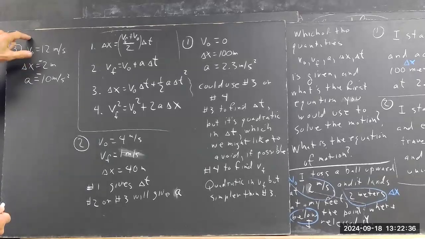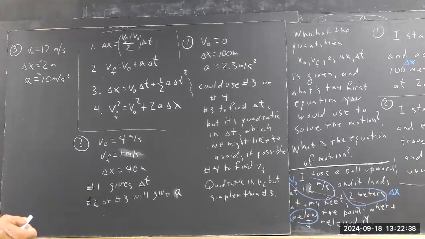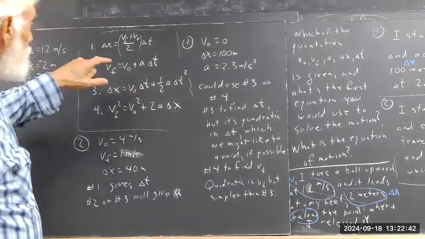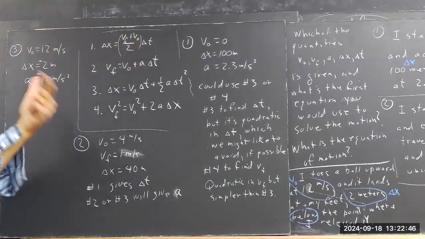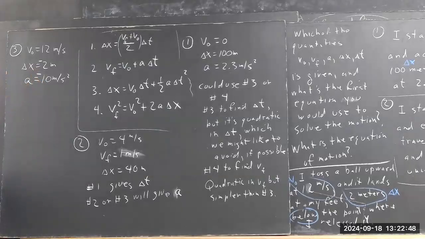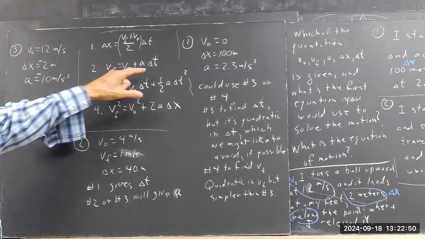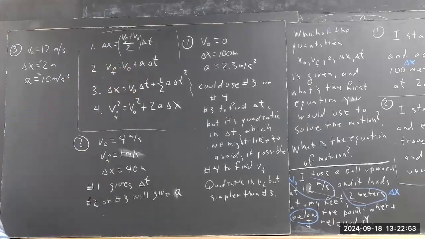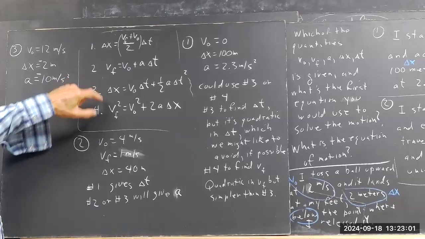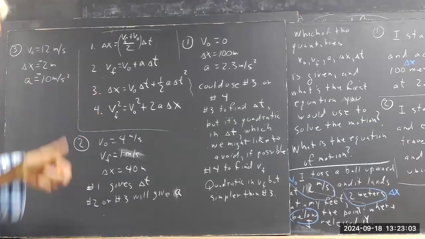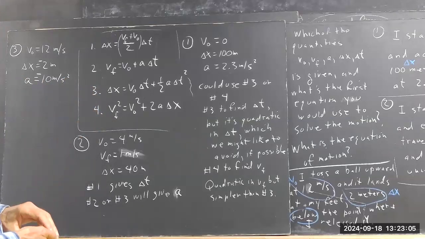That's the reality. We have this, so what equation are we going to use? You know, V naught, delta x, and a. Let's see. The first equation has V naught and delta x. It doesn't have VF or delta t, just has a. The second equation has V naught and a, but it doesn't have delta x. And by putting these two equations together, you get these two, but we're not going to work on that right now.